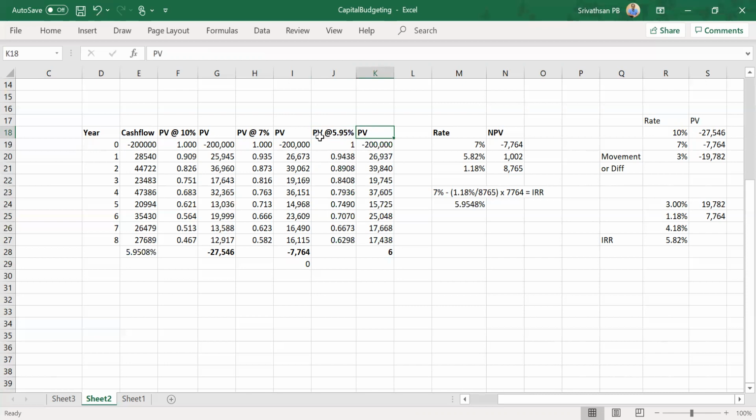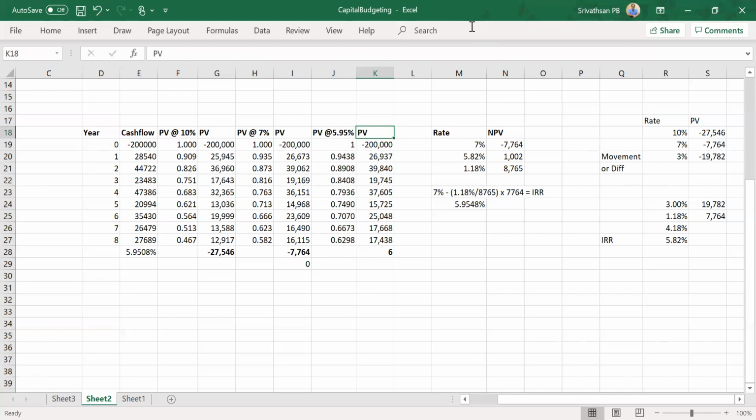So that's a good thing to have. And this could be your basis for talking to your bankers or lenders. Otherwise, if your cost of capital is 8% or 10%, you have to necessarily forego the project. You cannot take it. You will not be able to run it at a loss.